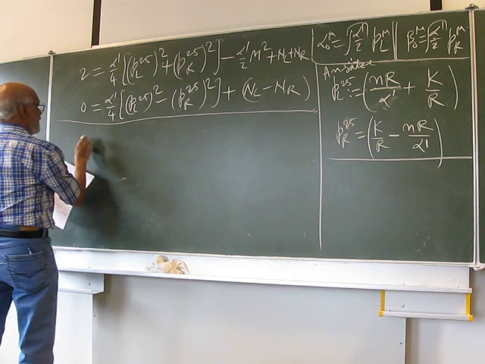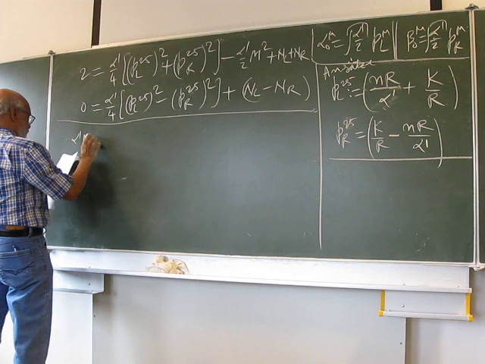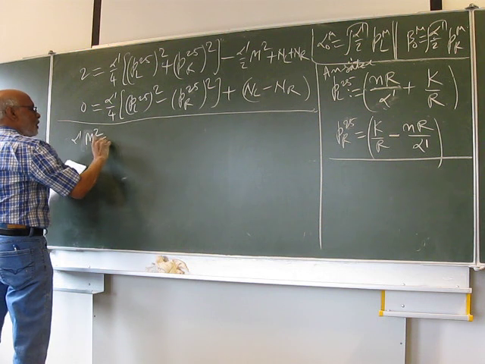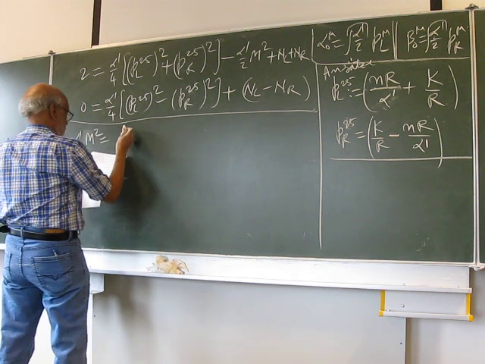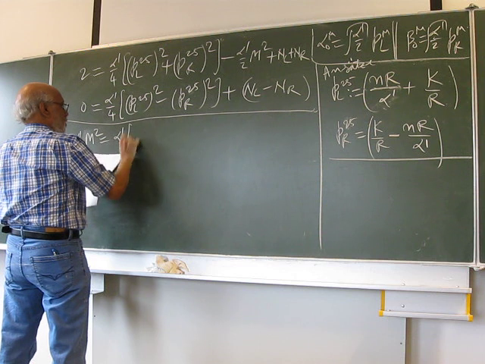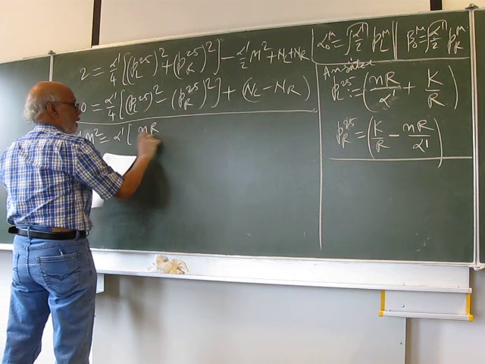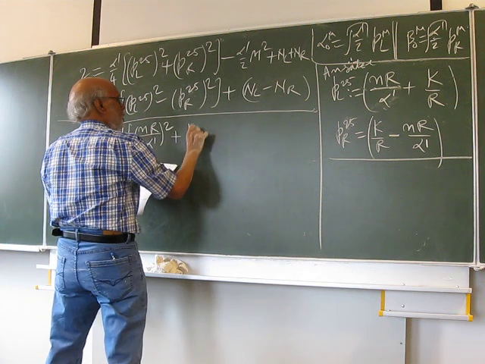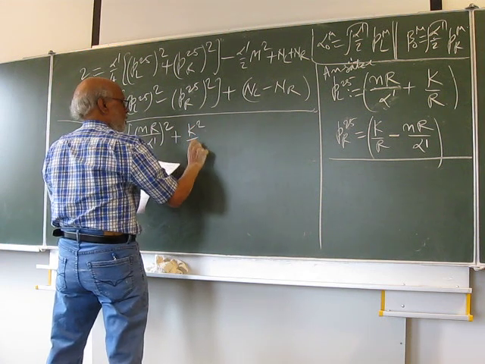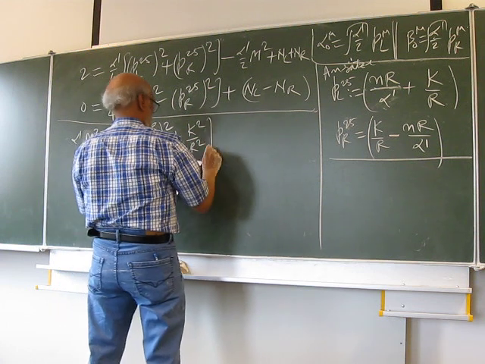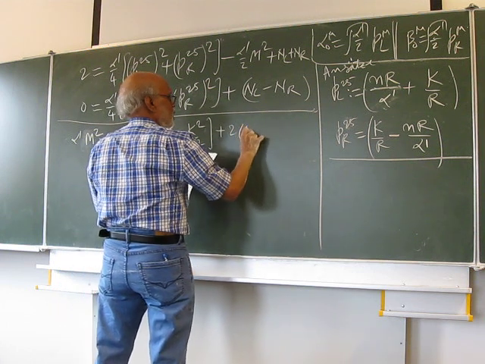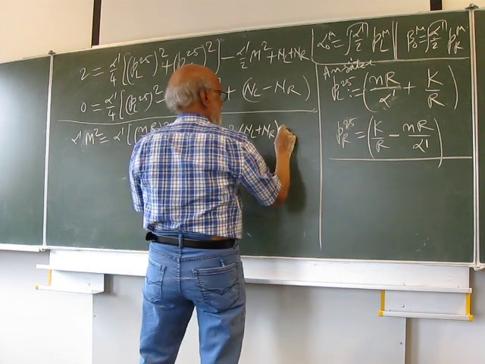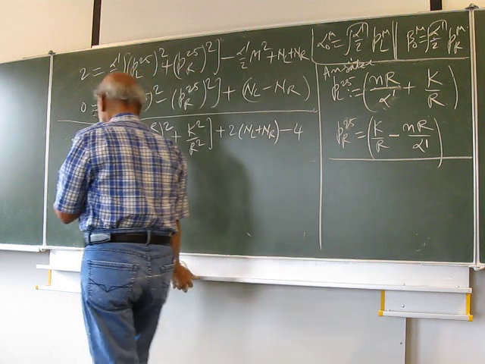So what I get is alpha prime m square is equal to alpha prime into NR by alpha prime whole square plus K square by R square plus twice NR plus NL plus NR minus 4.